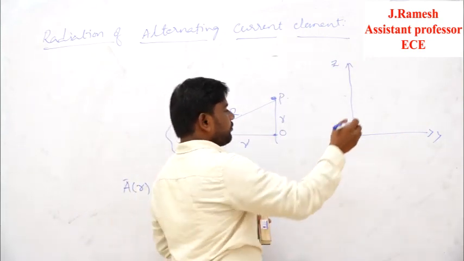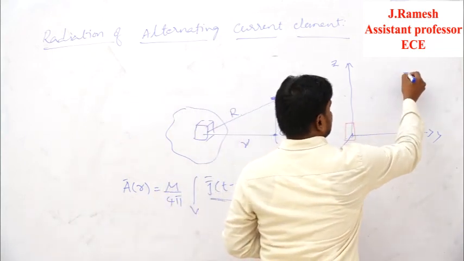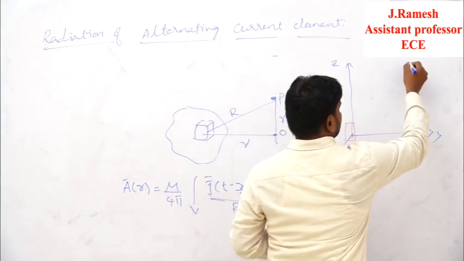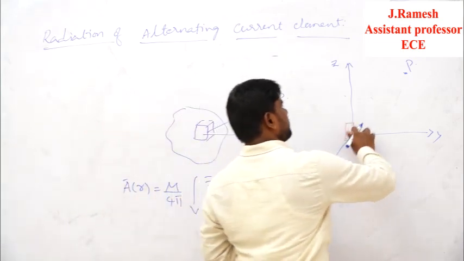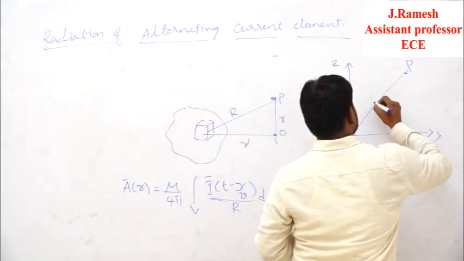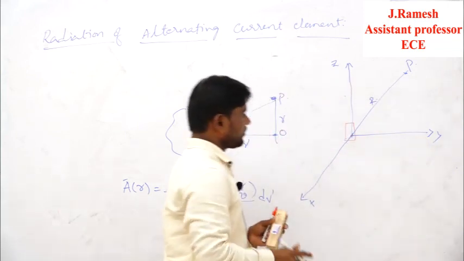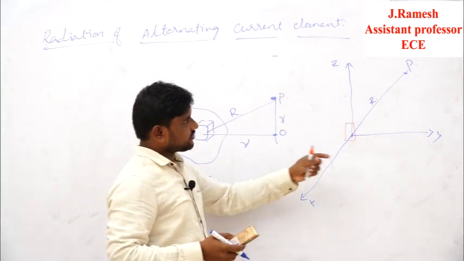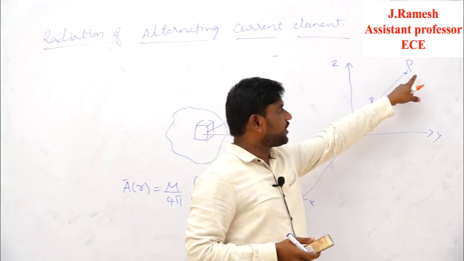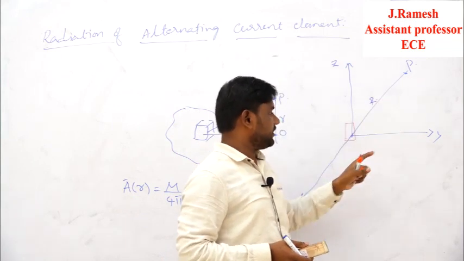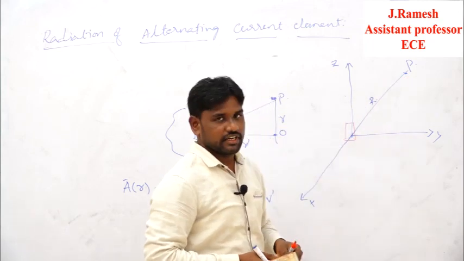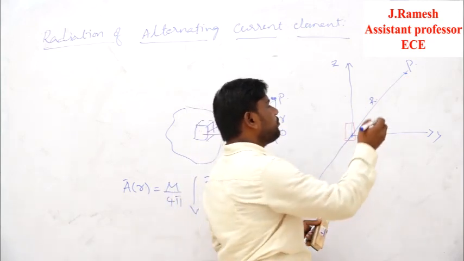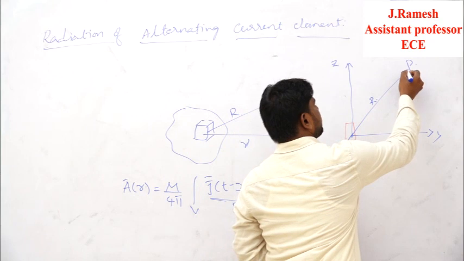Now I am taking a point far away from our element, which I call P. I am taking a point over here. This is the point P. The distance from the current element to the point P is capital R.